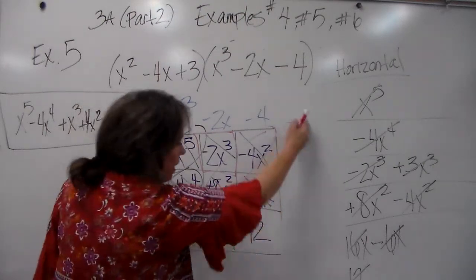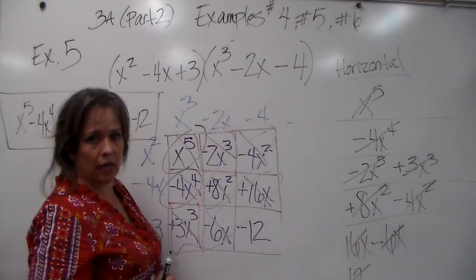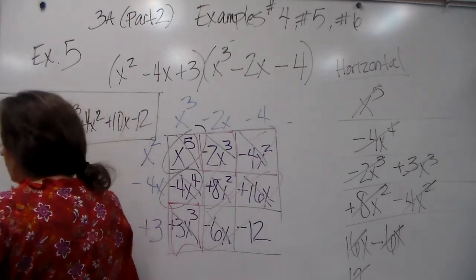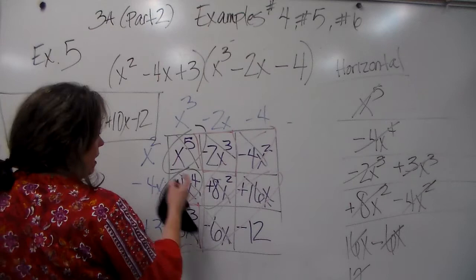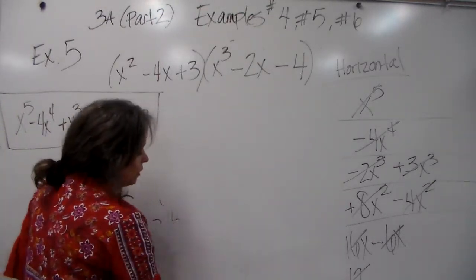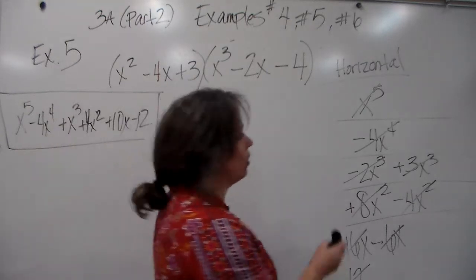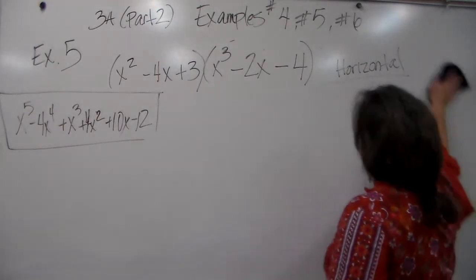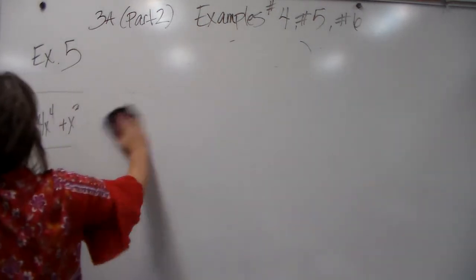So this is another way that we can combine like terms with the horizontal method, okay? And sometimes when we have a big box like that, it's helpful to use either the horizontal method or the vertical method with our columns, okay? Let's do our last example, example number 6.